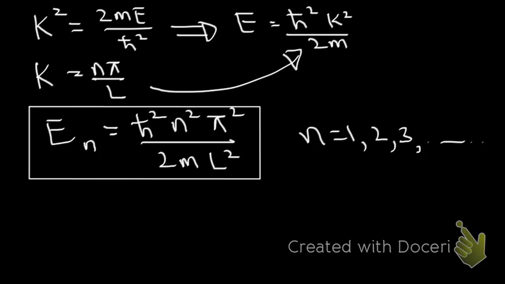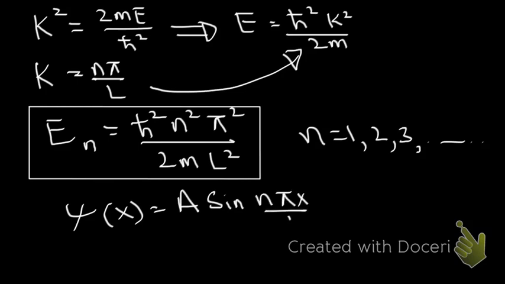Now the allowed energy eigenstate wave functions, as we wrote them previously, were psi of x equal to A times sine of n pi x over L, where n is equal to 1, 2 and so on.